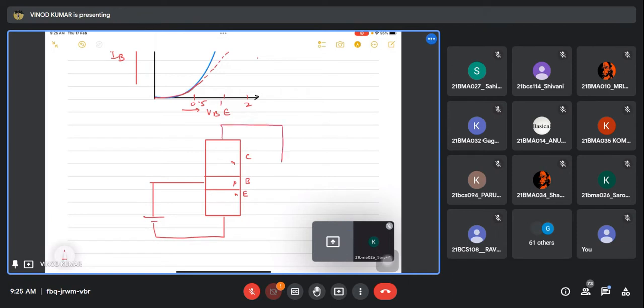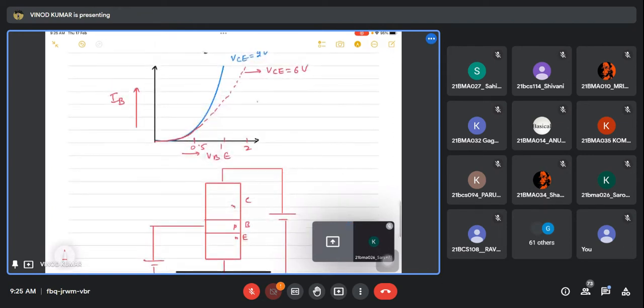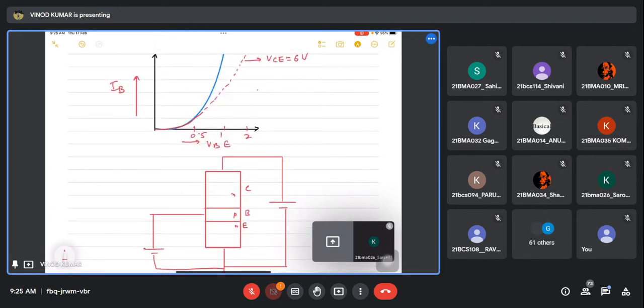And this is reverse bias. This is common emitter configuration.